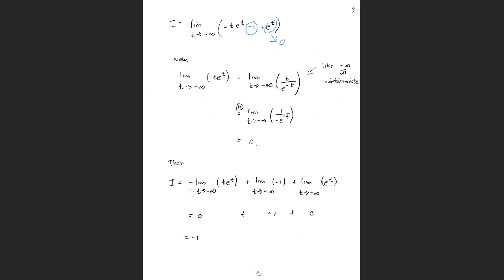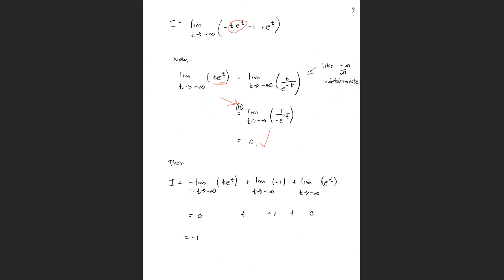So the only thing I'm uncertain about in finding this limit is t times e to the t, and I'm going to leave the negative off. That's why I'm doing that separately here using L'Hopital's rule. When I put that h over the equal sign, that means I'm using L'Hopital's rule. And so it turns out that limit equals 0.